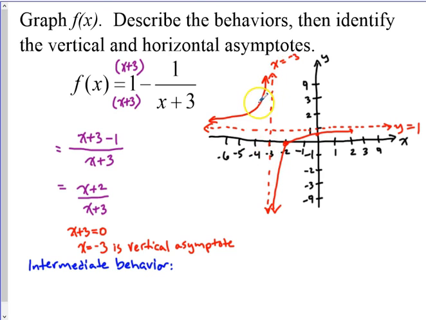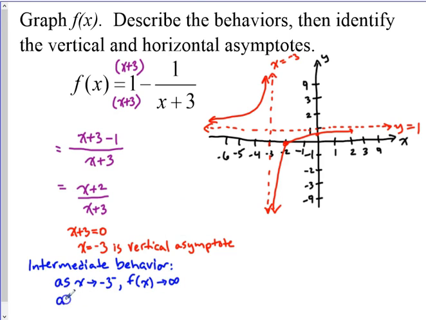So as x approaches -3 from the left, and the way we represent from the left is just with a little negative sign, from the more negative numbers. What is f of x doing? Well, f of x is getting a lot closer to positive infinity.